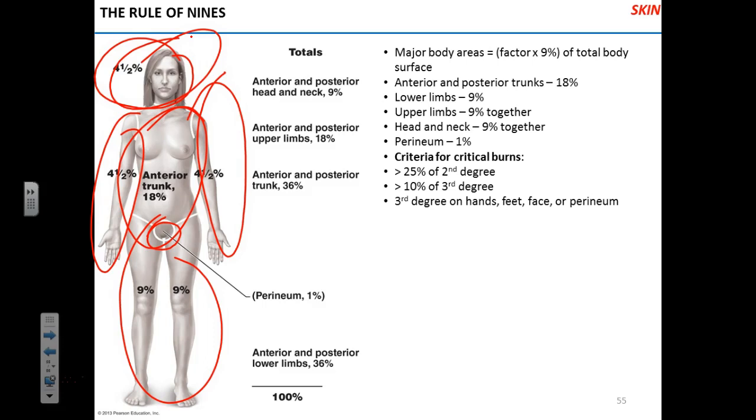And if it's second degree, it's already a severe burn. Does that make sense? So you have to know the category. Well, third degree burns in the hands, face, feet, or perineum are also considered severe. So you have to know the percentages.